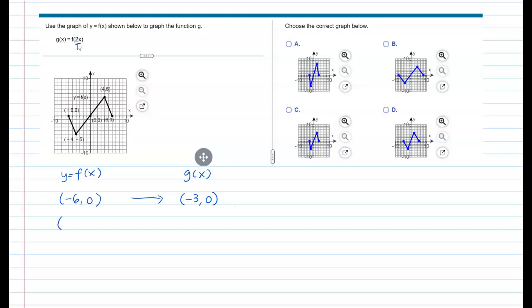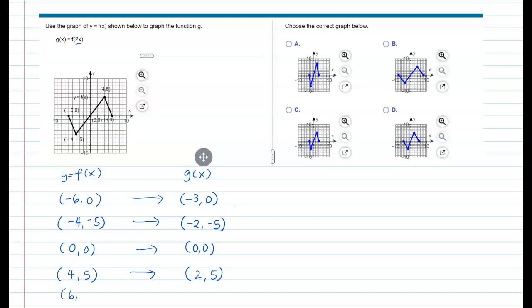And so the negative 4, negative 5 will go to negative 2, negative 5. Divide the x-coordinate by 2. So 0, 0 will remain 0, 0 because 0 divided by 2 is 0. Now the 4, 5 will go to 2, 5.